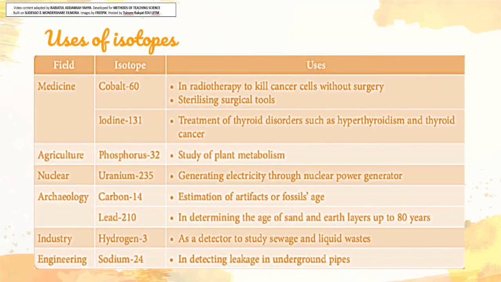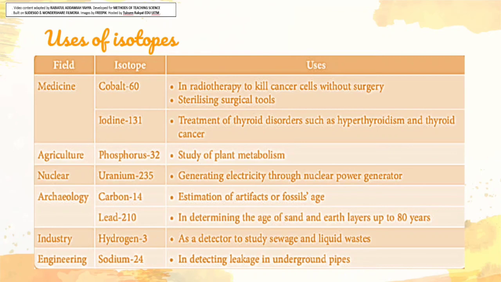Students, isotopes are used widely in various fields, as you can see in the table. For example, in the field of medicine, cobalt-60 is used in radiotherapy to kill cancer cells without surgery. Also, cobalt-60 is used to sterilize surgical tools. Iodine-131 is used for the treatment of thyroid disorders such as hypothyroidism and thyroid cancer.